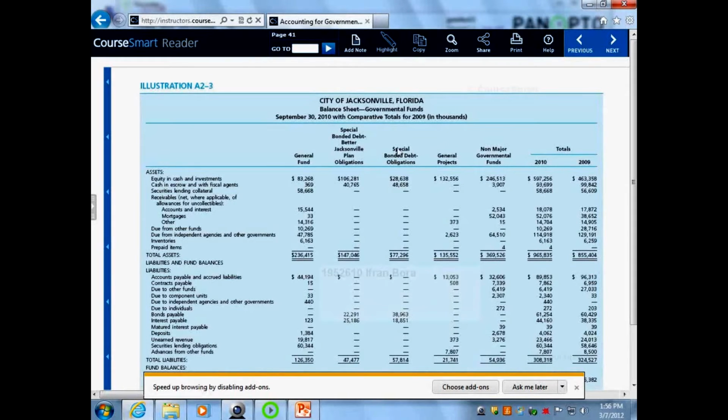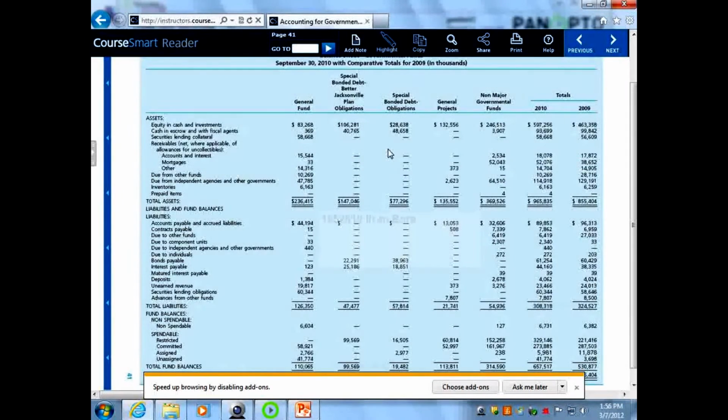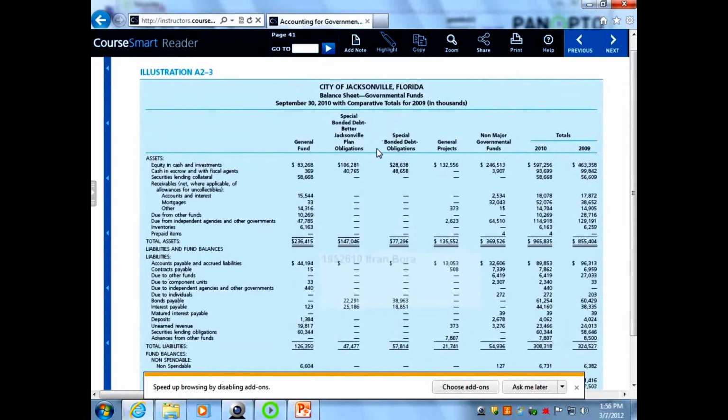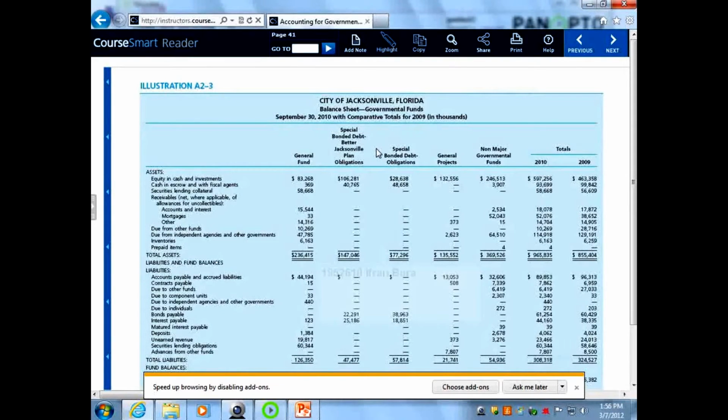Now, again, I don't know if you can read this. First of all, notice the title. Balance sheet, governmental funds. Not governmental activities, governmental funds.